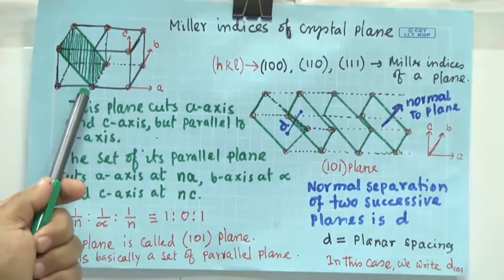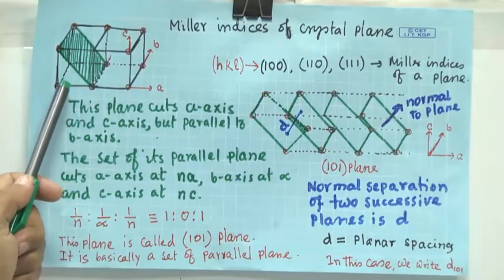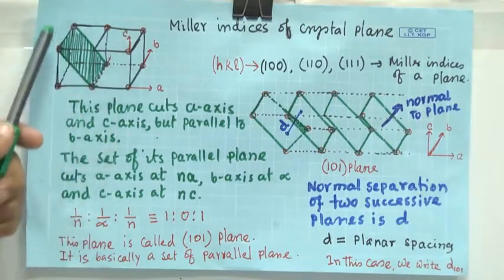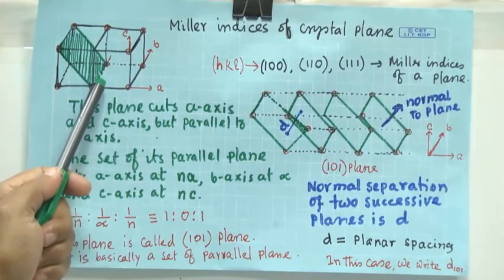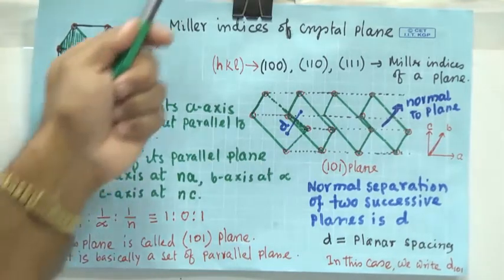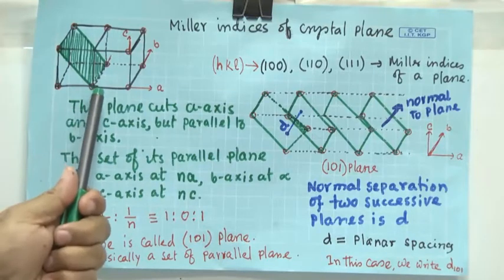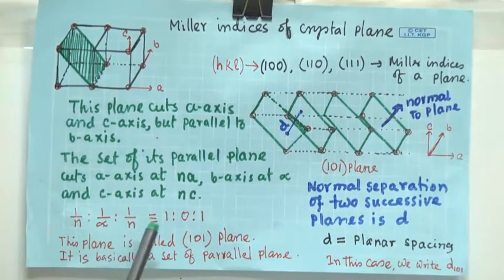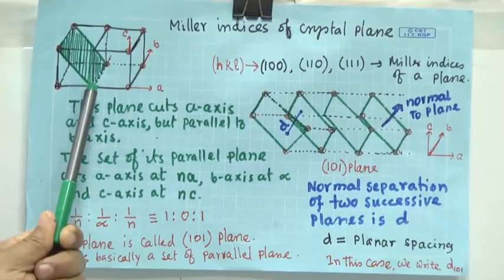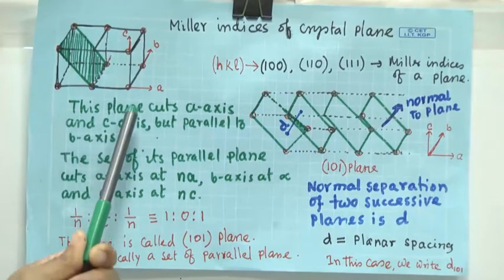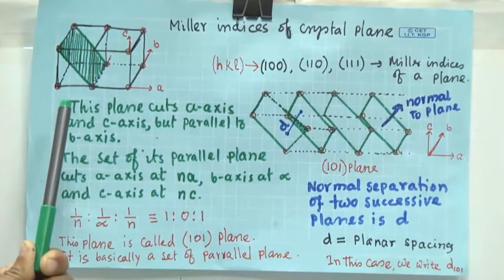So, here you can see this plane cuts the c axis and it cuts the a axis, and it is parallel to b, so where will it cut? It will cut at infinity. So, you can tell that it cuts at this lattice constant along this a axis; its unit length is a.